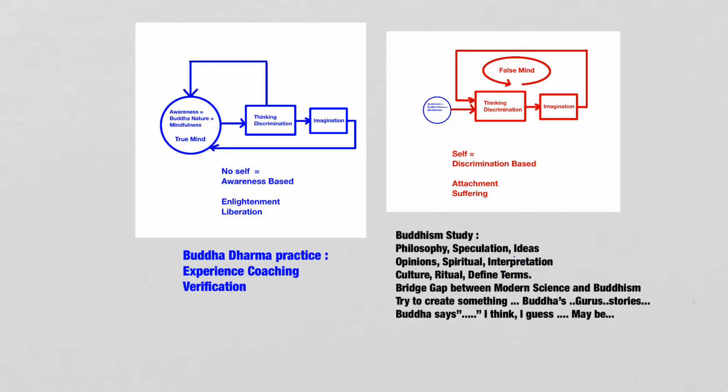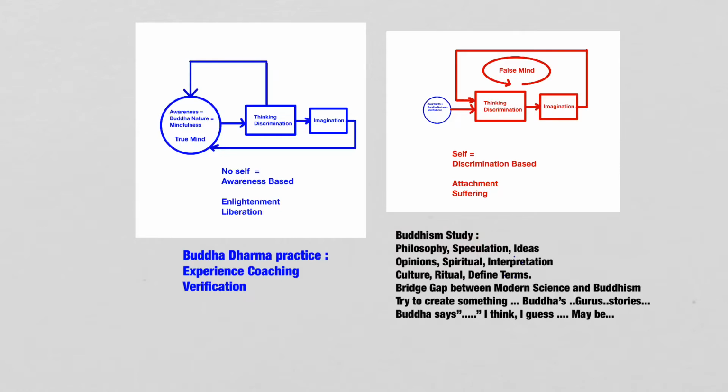Okay? And humans are really complex, and when you get into here you kind of get trapped here. It's all here, in the self-discrimination base. And it is never the no-self-awareness base. So that's the reality we see today in Buddha Dharma practice and Buddhism study.